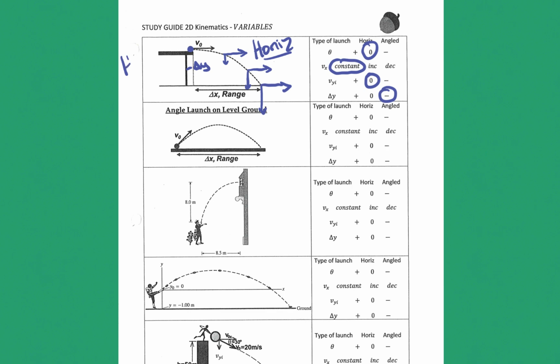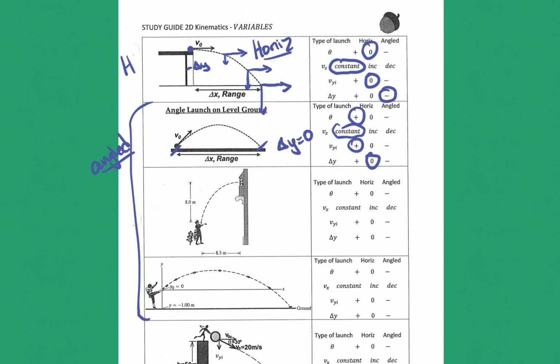So this was horizontal. All of these down below are angled projectiles. That means theta was not 0. So we have a positive angle, a constant Vx, a Vy initial that's positive, and a delta y of 0. Delta y is 0 because it has gone up and come back down and lost all of its vertical displacement.